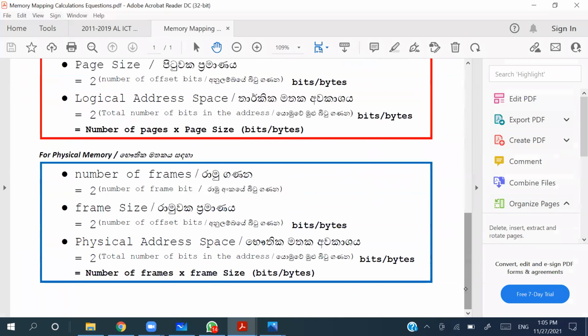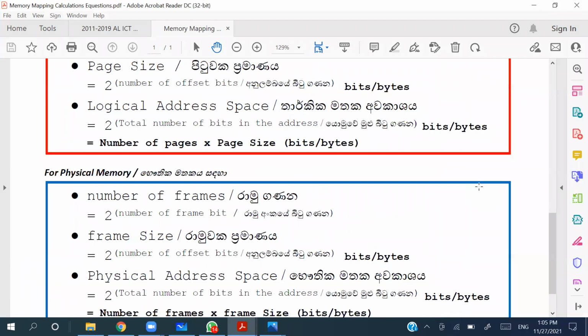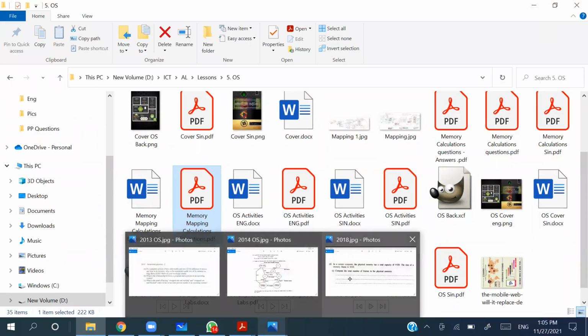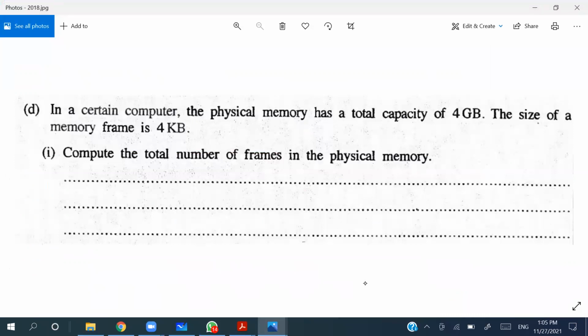In the same way, physical address space equals number of frames into frame size. You can use that, and it will be a very easy, not time-consuming one. So I'm going to use that.